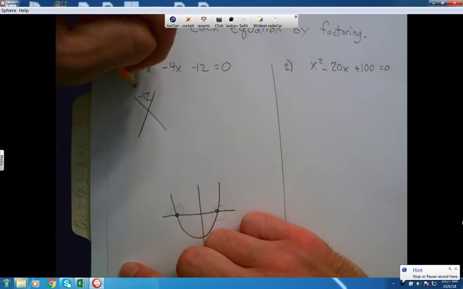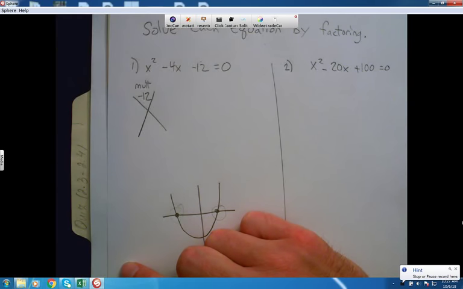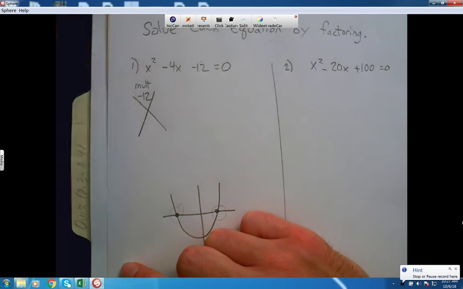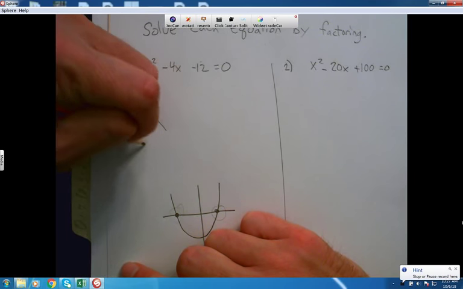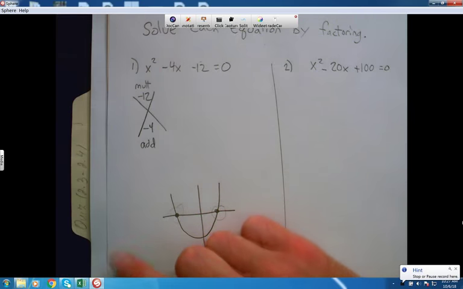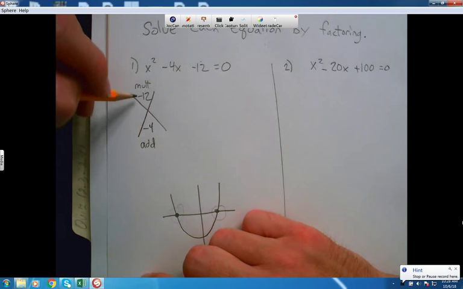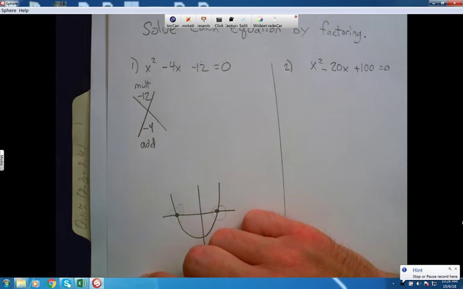So we're looking for two numbers that multiply to negative 12. At the same time, we need those numbers to add to the number in the middle with the x attached to it, so negative 4. So we're looking for two numbers that if we added them up, we'd get negative 4, and if we multiplied them together, we'd get negative 12.